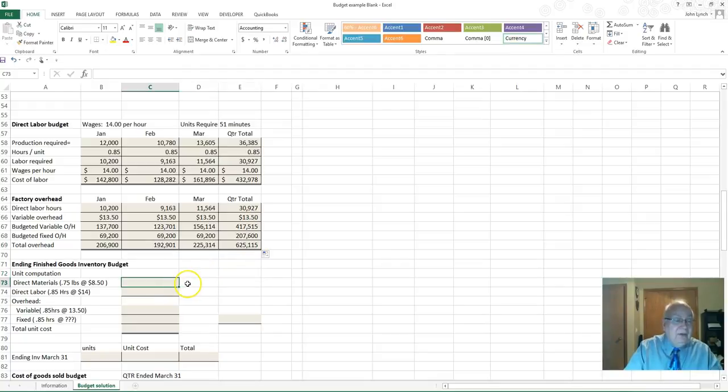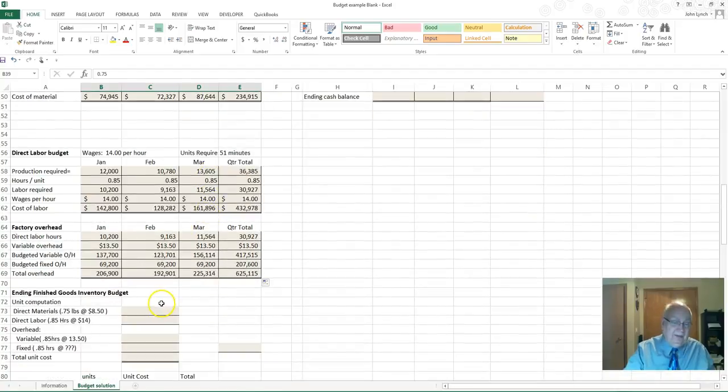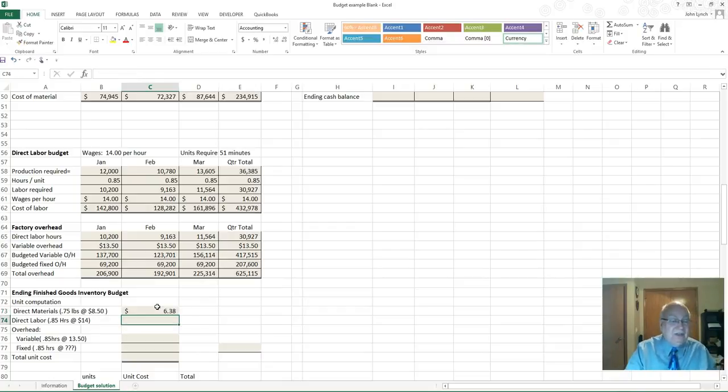Now we have to do the finished goods inventory, the ending finished goods inventory. So we have to come up with a unit cost. Remember up above, I know I have it written there, but that was this information right here. So that's what we want there. So we have equal round, takes 0.75 pounds, and it's $8.50 per pound. And we'll go to 2 decimal places. So that's 6.38.